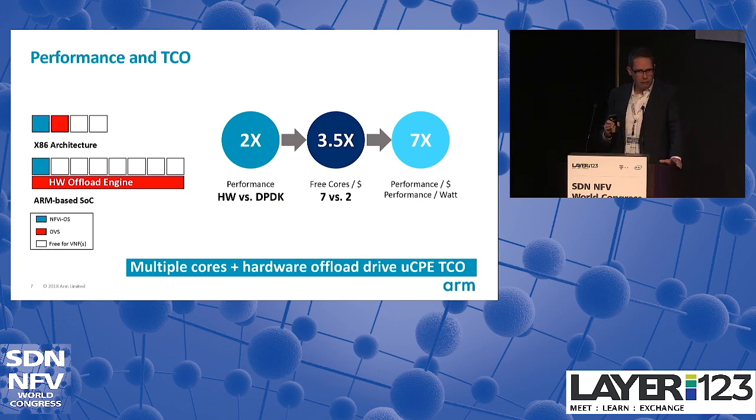It already has the hardware offload capabilities, and now you have 7 cores available for running VNFs. When you're looking at the pricing, and the amount of services you can give to your customers, this becomes a much more compelling proposition.